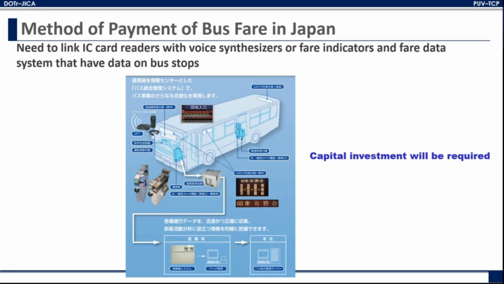By analyzing such information, public transport routes can be utilized for operations. But I'm not sure about the details. Anyway, such technology has been developed.